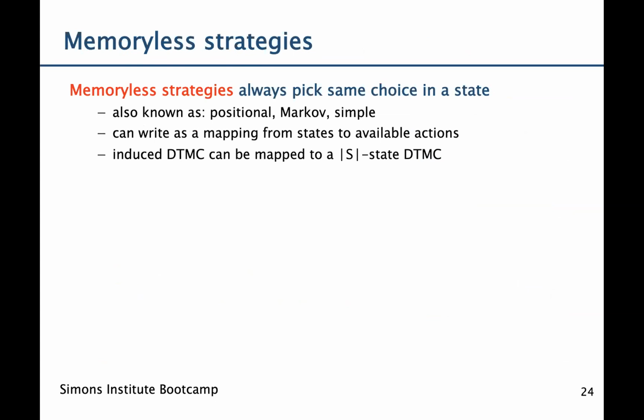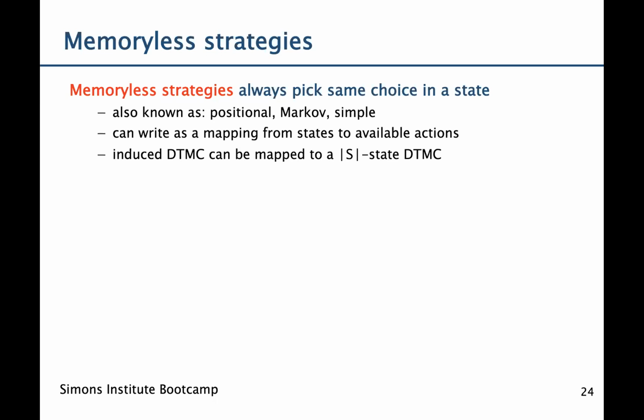Now, it turns out that for reachability probabilities, we can just consider memoryless strategies. These are strategies that always pick the same choice or same action in a state. These are also known as positional, Markov, or simple strategies. And here we can just write them as a mapping to available actions.